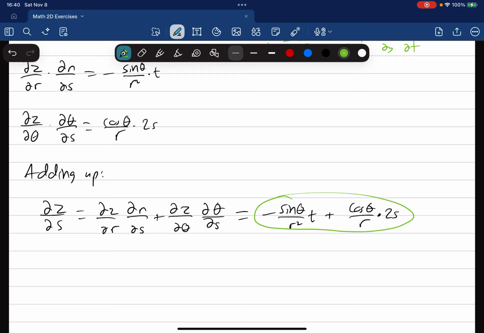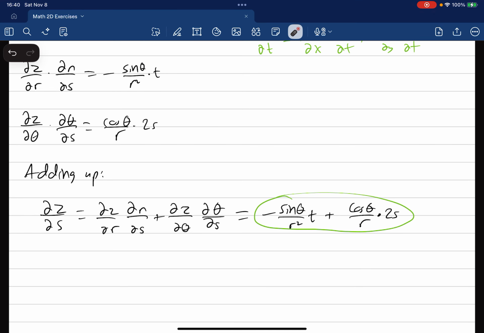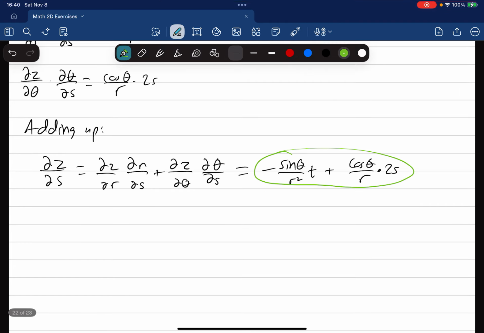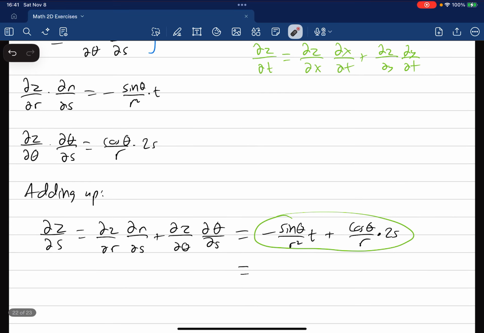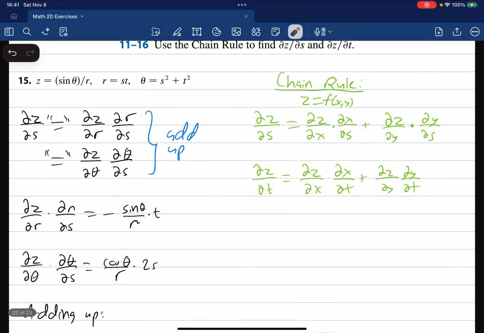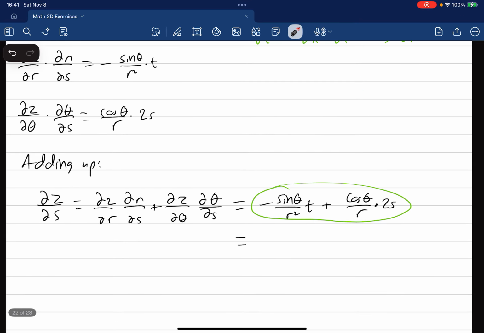If for some reason WebAssign does want you to express the right side in terms of t and s, then note that we just need to plug in what theta and r are given to be. So we could take r and theta and plug them into our expression.